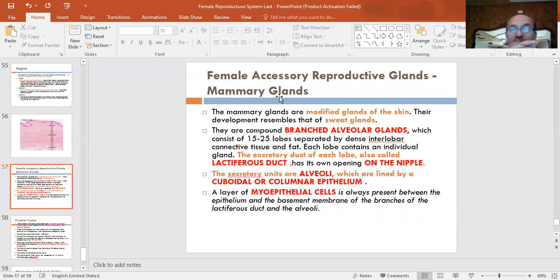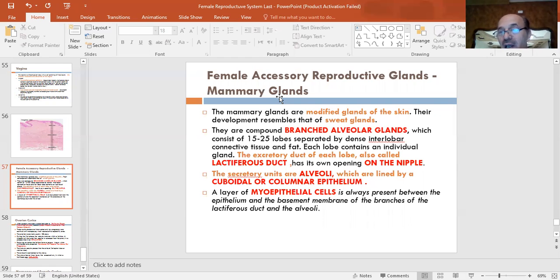Each alveolus secretes the milk through a duct, and that is called the lactiferous duct. And all those lactiferous ducts join together and form the lactiferous sinus at the nipple. That is where all the tubules open in the nipple.